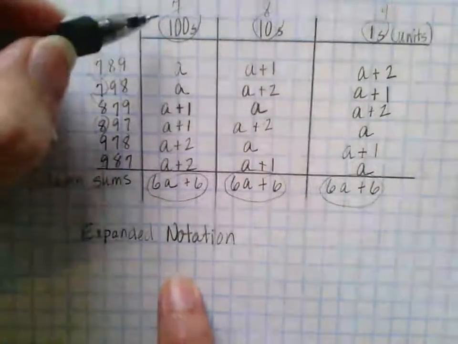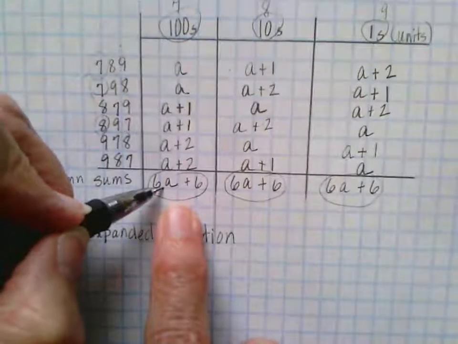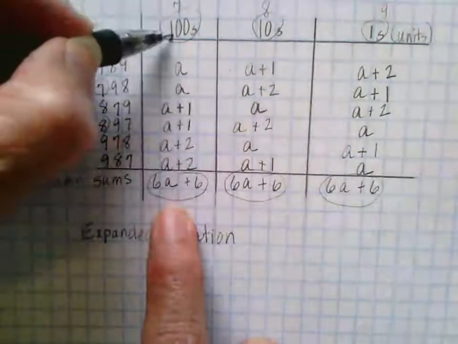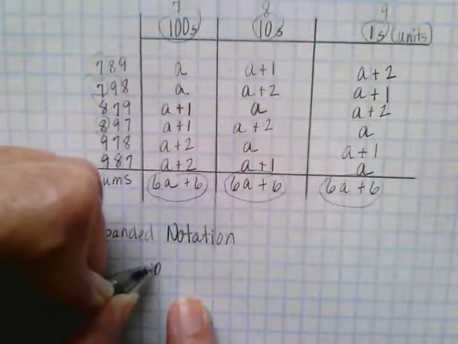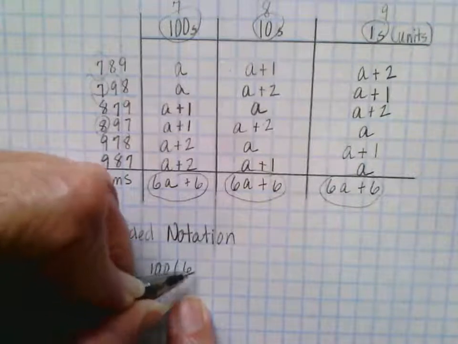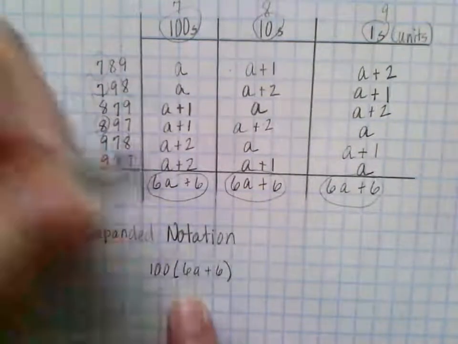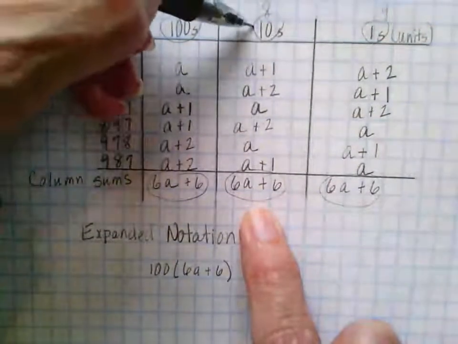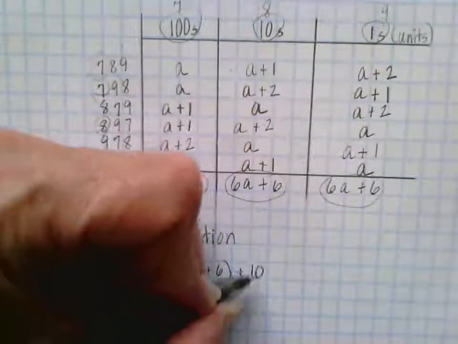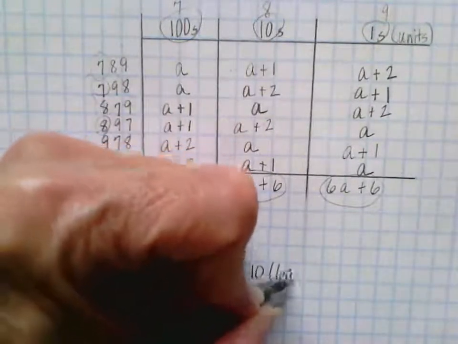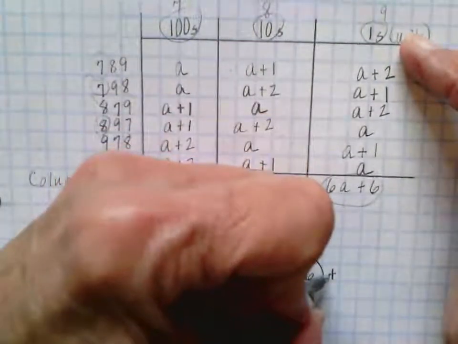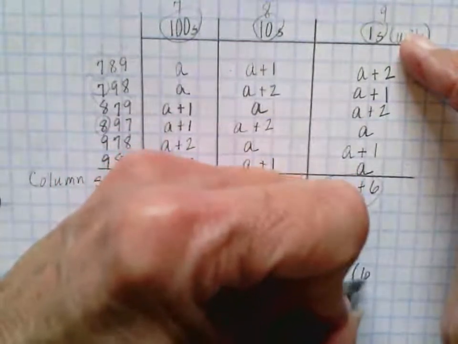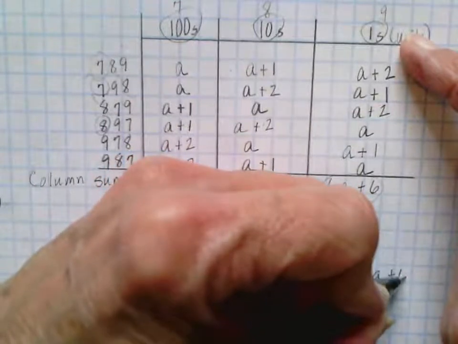So when I look at the expression right here, I have to remember that this is hundreds. So I'm going to take 100 times 6a plus 6, and add it to 10 times 6a plus 6. And then, of course, this one is 1 times 6a plus 6.